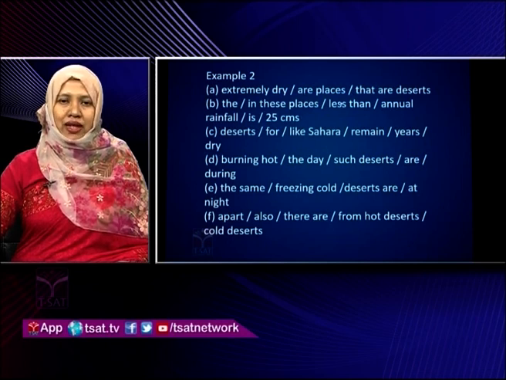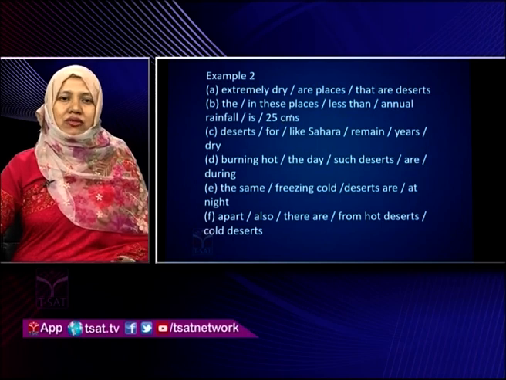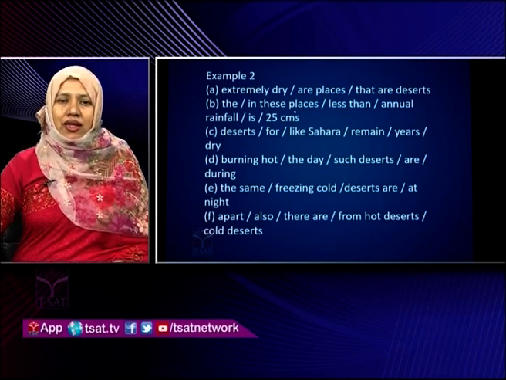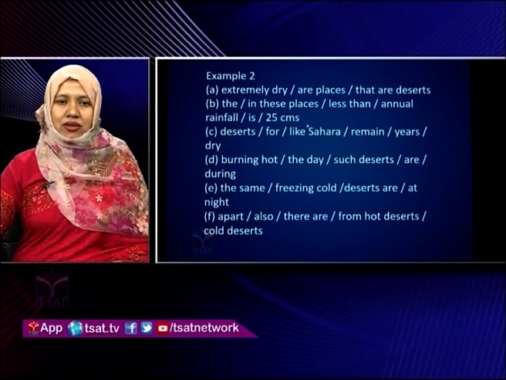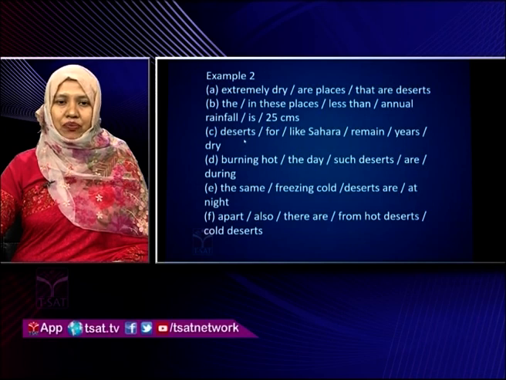This is the opening sentence of the paragraph: deserts are extremely dry places. Then the next sentence will be, in these places the annual rainfall is less than 25 centimeters. Like that, deserts for like Sahara remains years dry. Again here you have a noun, deserts.